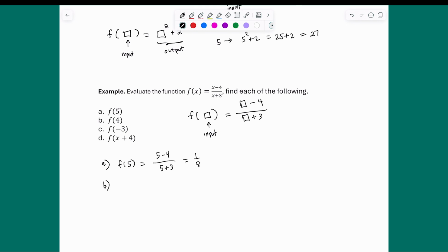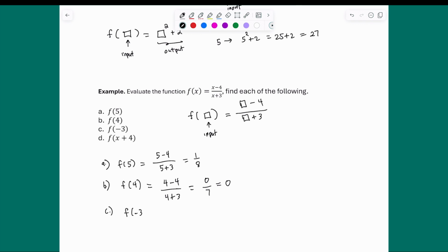Part B here, we have f of an input of 4. So we get 4 minus 4 all over 4 plus 3, which gives us 0 over 7, or 0 divided by 7, which is 0.